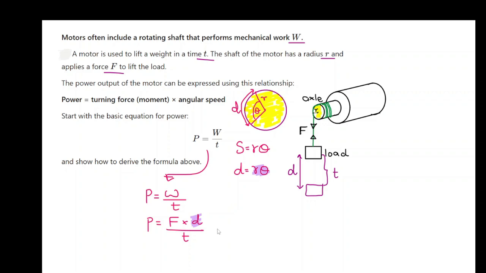So I get this is equal to F times r theta over t. But what is theta over t? Theta over t is omega, angular speed. So power is equal to Fr times omega. So Fr is the moment, and angular speed, omega, is here.